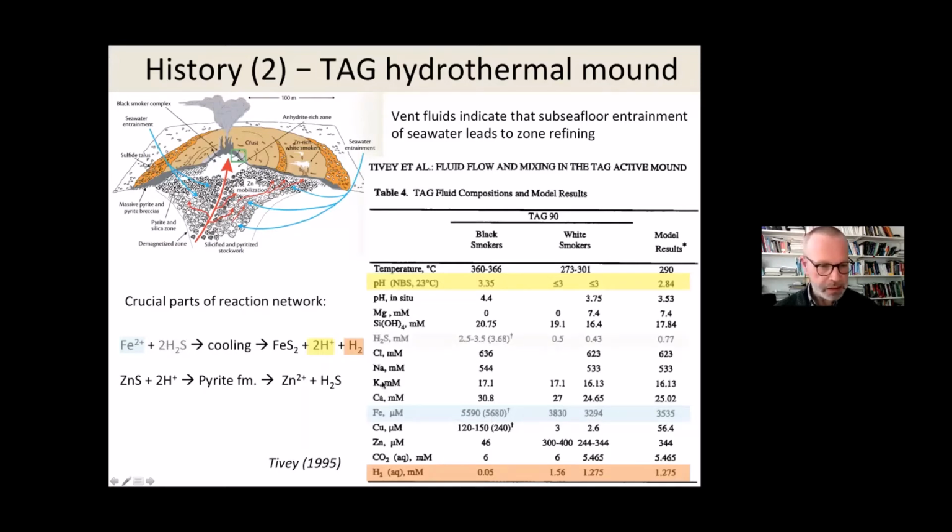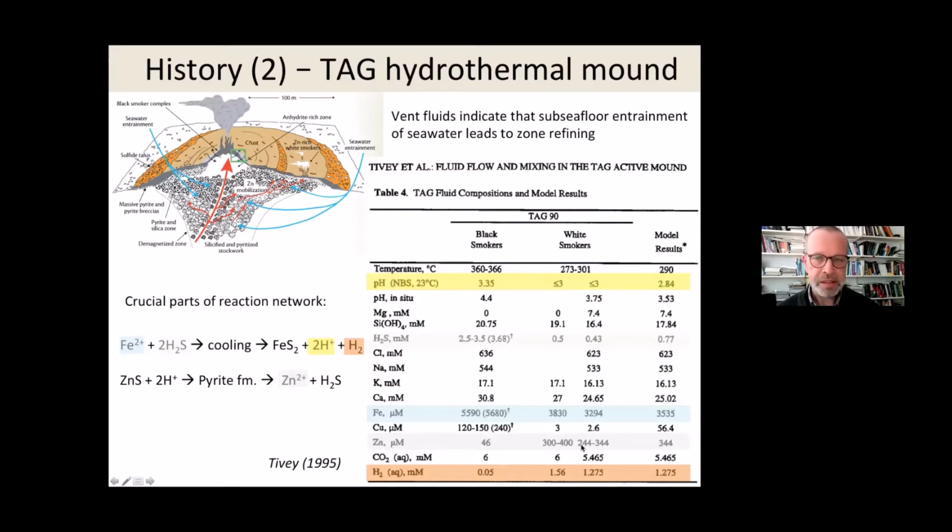And then it also consumes H2S, and again, we see that in the data. And what happens with the released protons here is they attack sphalerite that was deposited earlier inside the mound, and that causes a remobilization, and part of that sphalerite gets dissolved, and you see that in the zinc contents here, which are greatly elevated in the white smoker fluids.